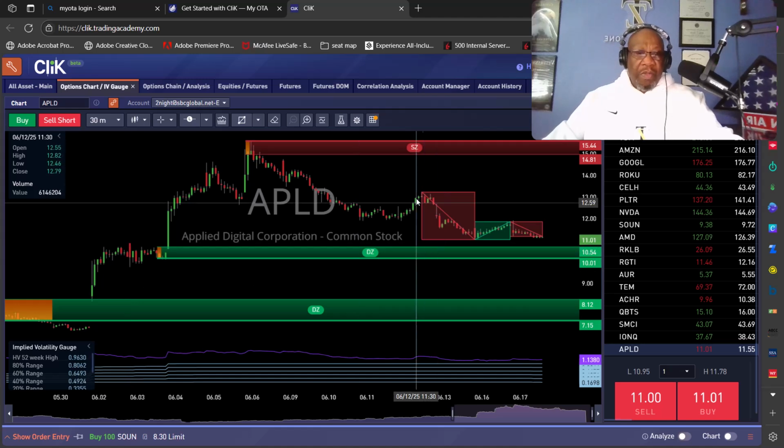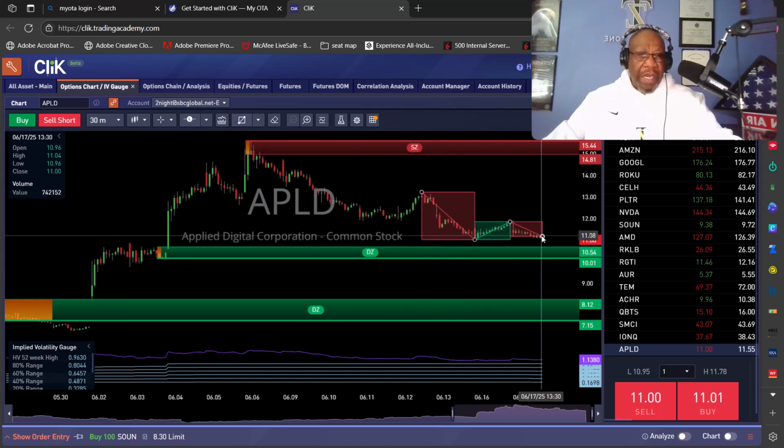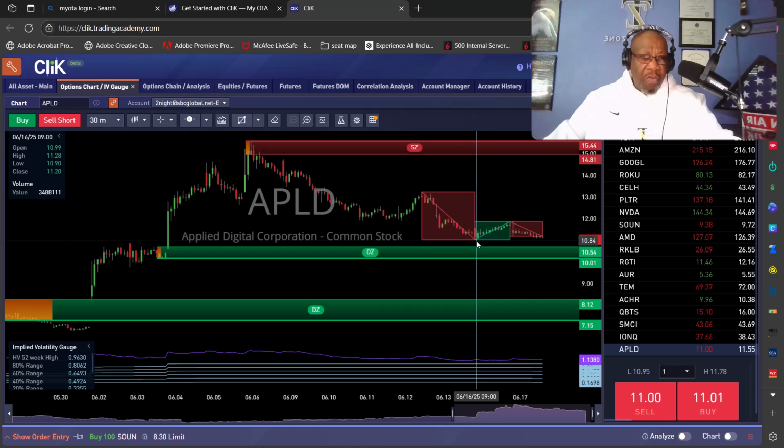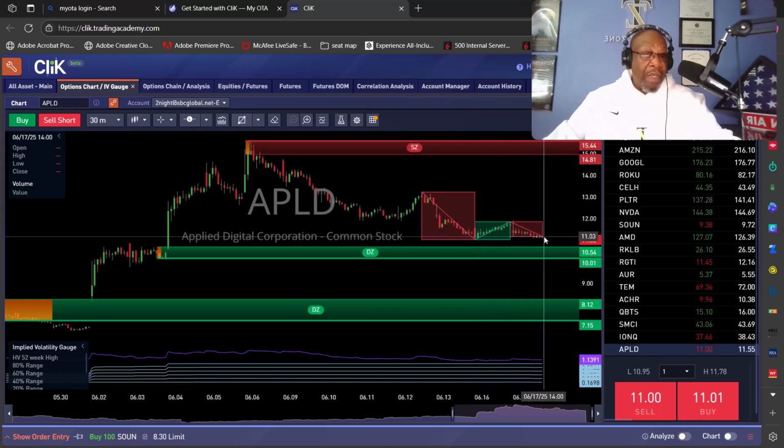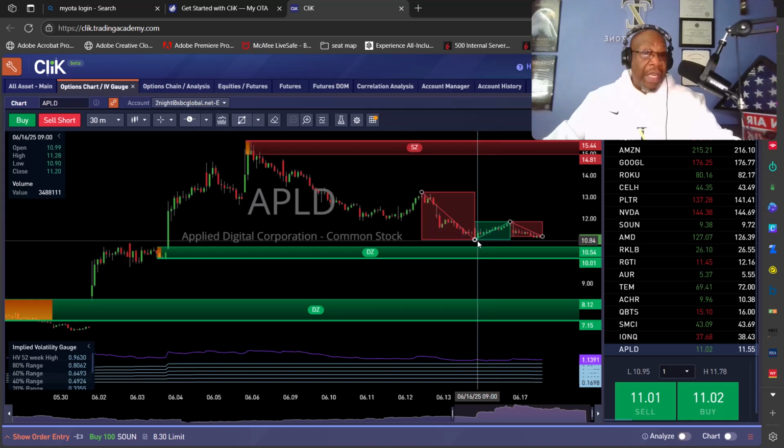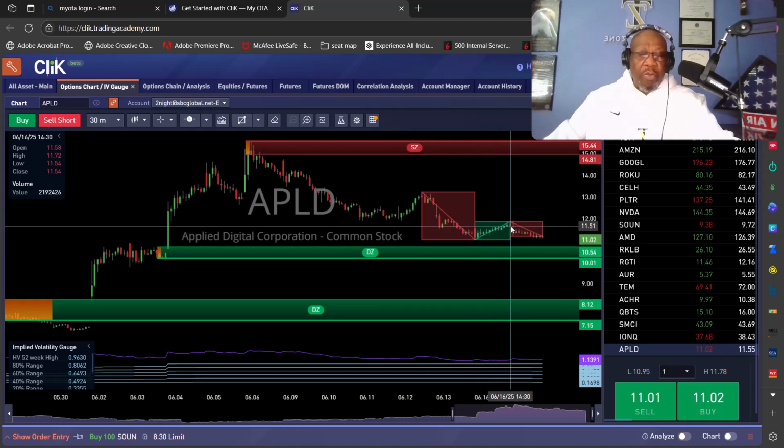And so this is telling you what trend it is in, whether an uptrend or a downtrend. This low here is still higher than the last low. So this still is an uptrend. It still is going in an uptrend.